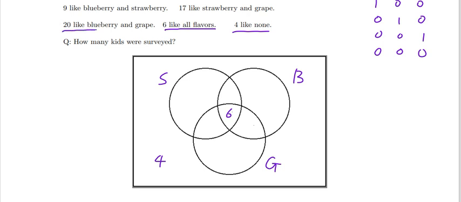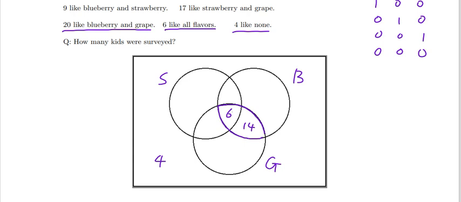We need to go backward, like 20 like blueberry and grape. Where is blueberry and grape? This part, right? This part is 20. We already have 6 here, so this is 14.